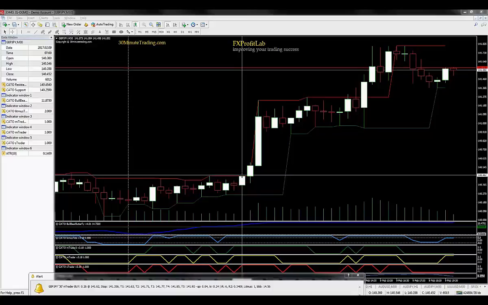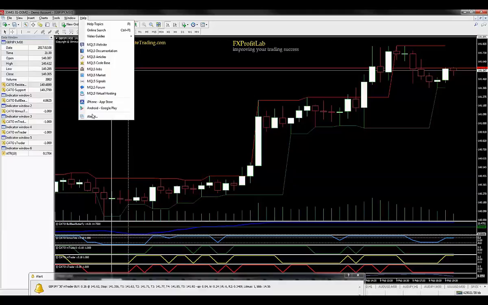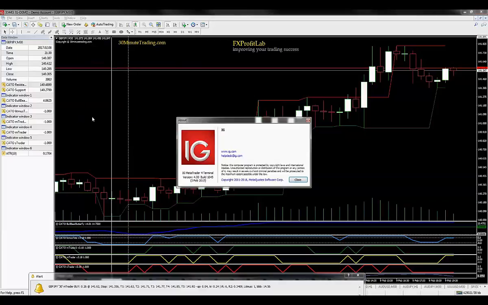Makes sense. Well, you've got MetaTrader, Dave? I have, yes. So that's another question. Which flavour of MetaTrader are the indicators built for? This is for MT4. This is an IG MT4.